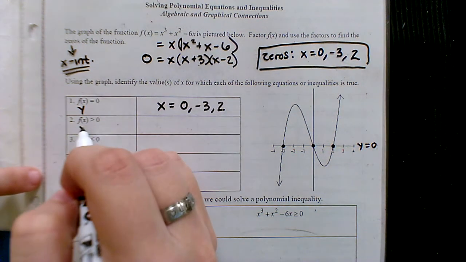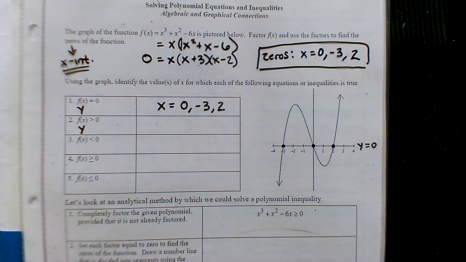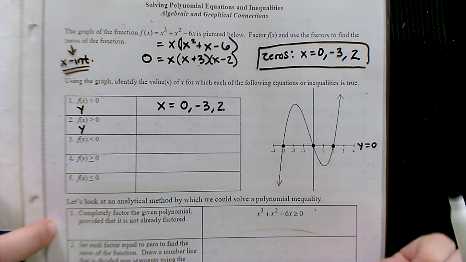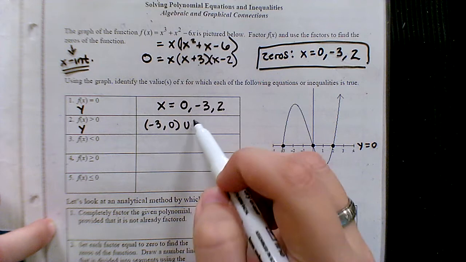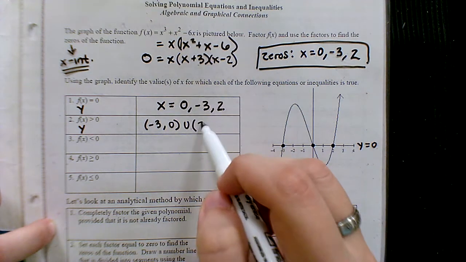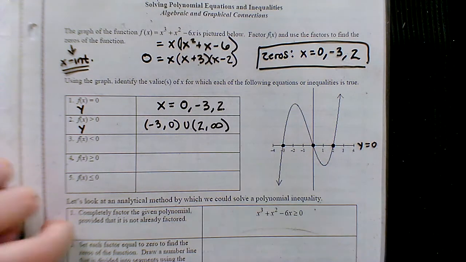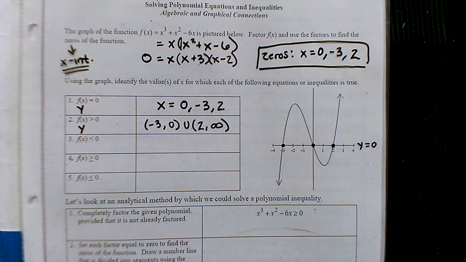What about number 2? Where are the y values greater than 0, meaning positive? 2 to infinity, yep. So if we want y values that are positive, that means the graph is above the x-axis. What about number 3? Y values that are negative, meaning below the x-axis. Yeah, Marie?